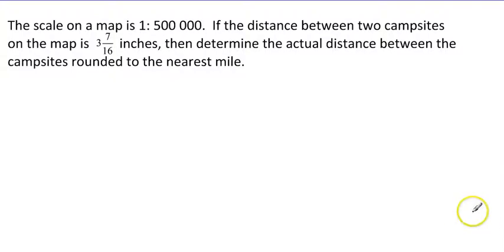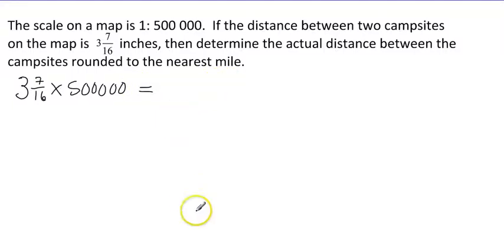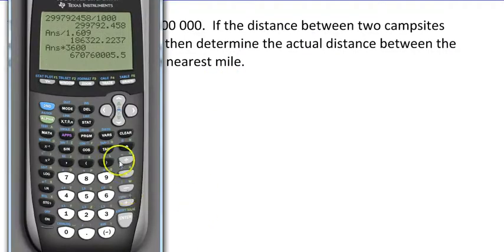So what we're going to do is take 3 7/16 and multiply that by 500,000, because in real life that's how many inches there will be on the ground. Okay, clear? So 3 plus 7 divided by 16, and enter, okay, times 500,000.